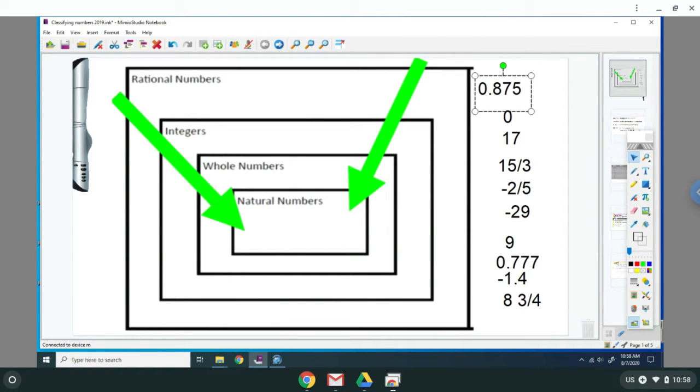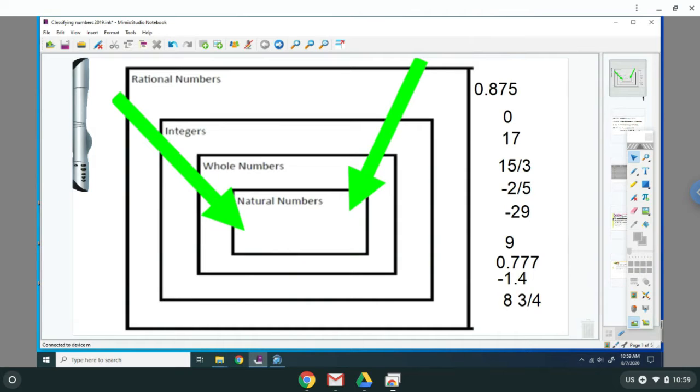Everyone's staying in the line for rational numbers. They're trying to see if they can get into the integer room. And then they want to get into the whole number room. And then they want to be the VIP room, which is the natural numbers room. But they got to get past the bouncers. To get past the bouncers, you got to see if you meet the criteria. So we're going to go through all these numbers to see where they belong.